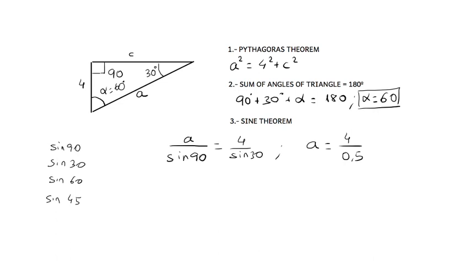So this one is 0.5, this one is 1, this one is square root of 3 over 2, and this one is square root of 2 over 2. But anyway, we also have the calculator. So coming back to here, a is 4 over 0.5, so it means that a equals 8.